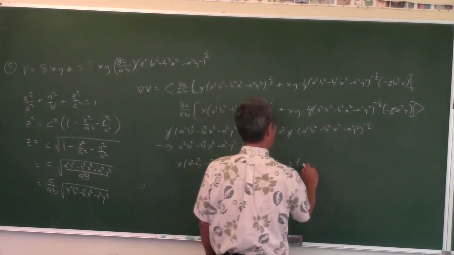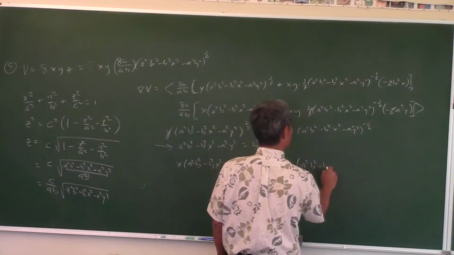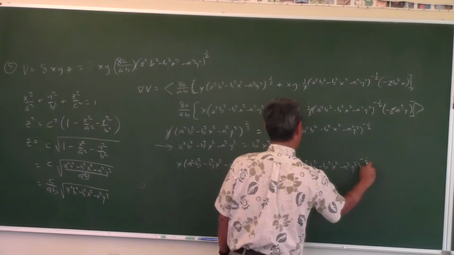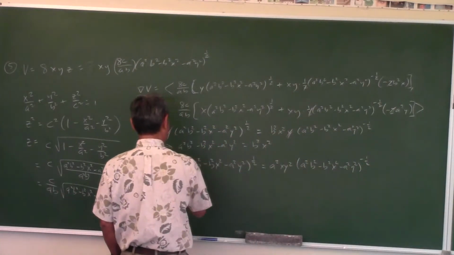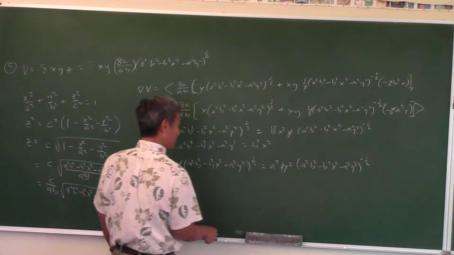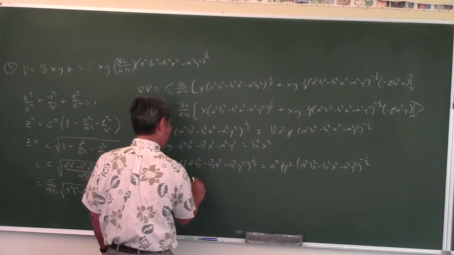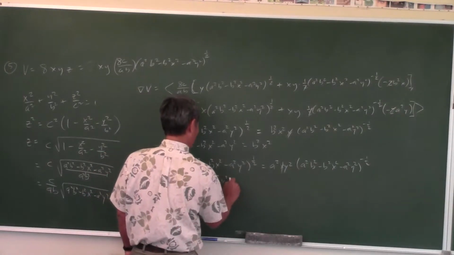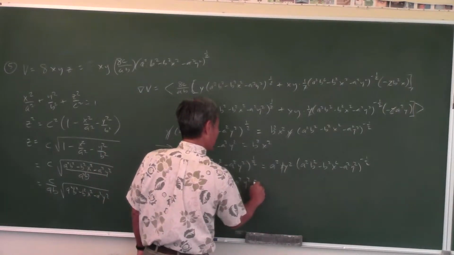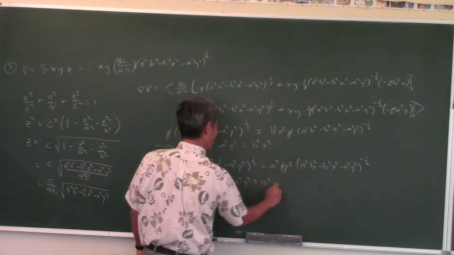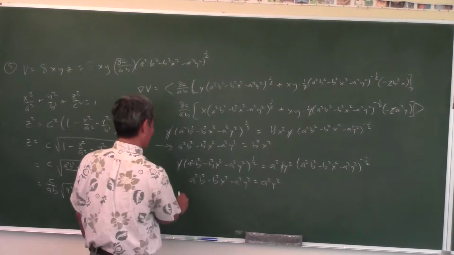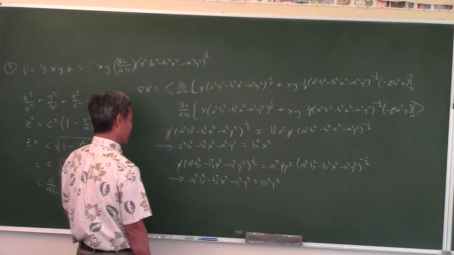Yeah, times (a squared b squared minus b squared x squared minus a squared y squared) to the negative half. Same reasoning, the x's cancel out, x cannot be 0, so you just have a squared b squared minus b squared x squared minus a squared y squared is equal to a squared y squared. So we got this one right here.